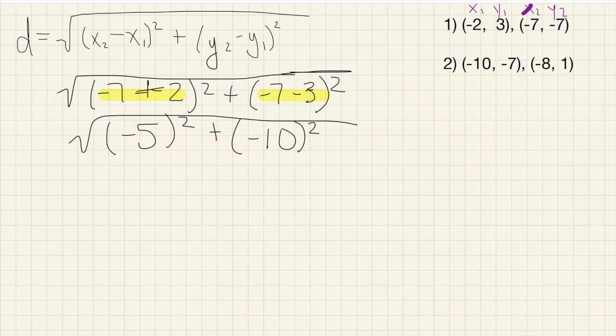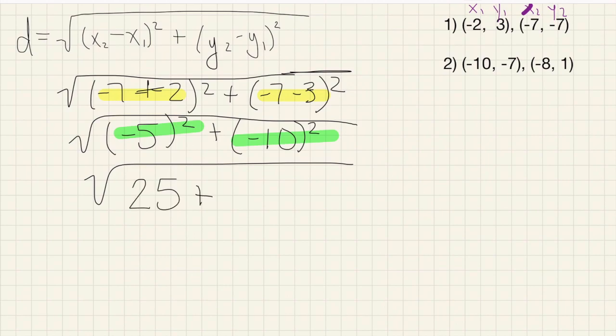And then my next part, I do the squaring, so -5 squared becomes 25, plus -10 squared becomes 100.